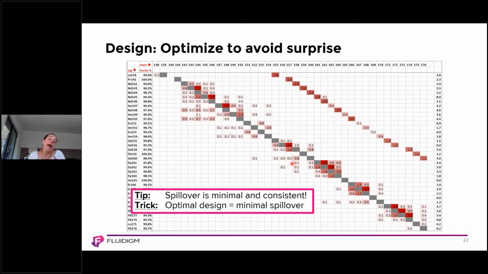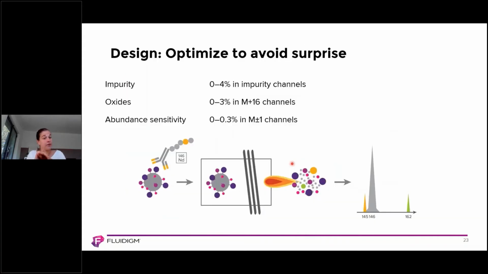And the aim of the panel design is really to minimize this spillover, to have optimized signals. This spillover can come from 3 different things. The impurity, because the metals that you are using are not 100% pure. So sometimes you can have a little bit of another metal in your metal.